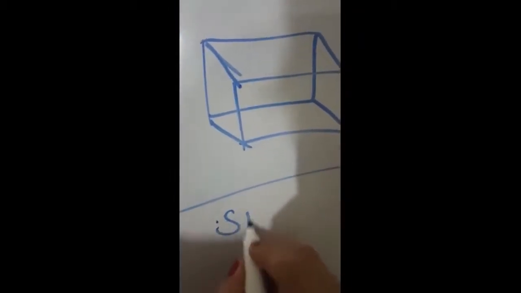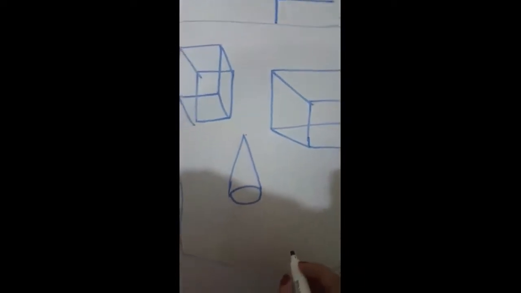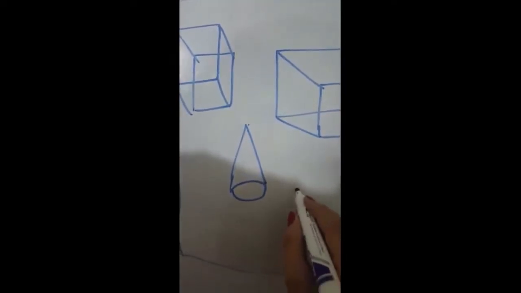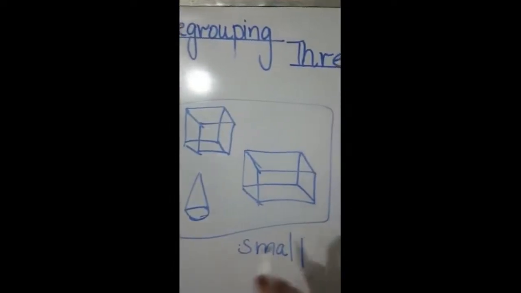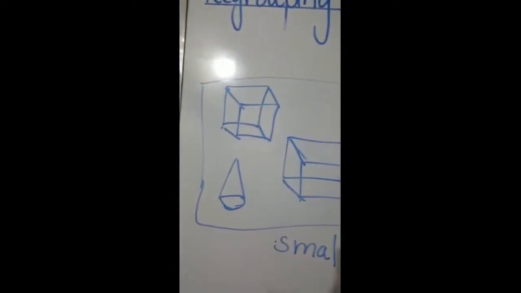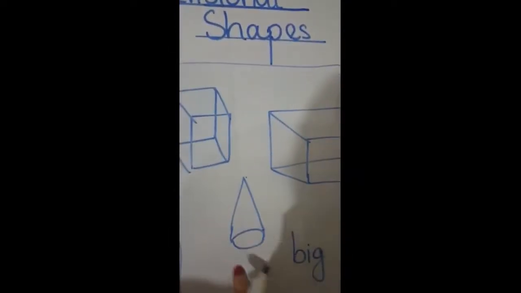Okay, now you can see these shapes are small and these are big in size. So I have made two groups by size, that is small shapes, and these are big shapes.